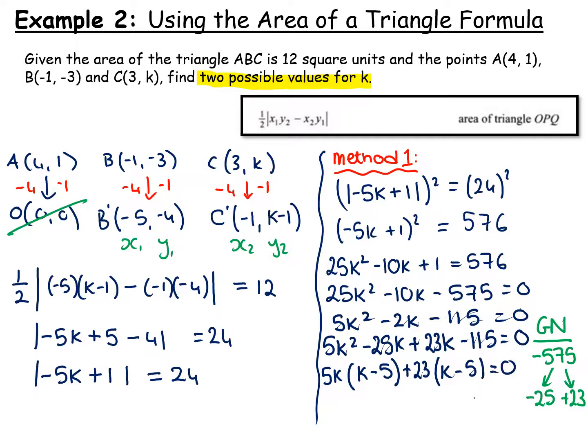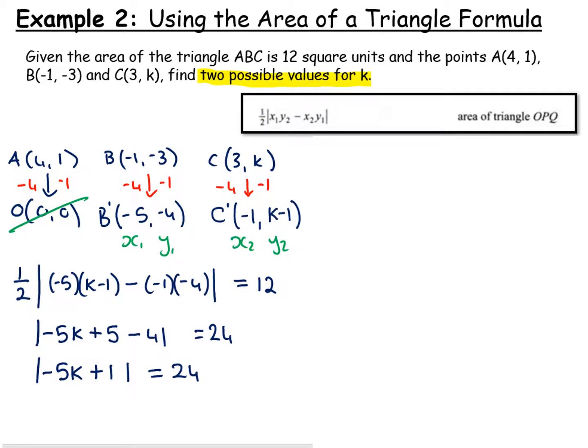If you hate working with this, you can go straight to the quadratic formula, no problem at all. Plus 23, k minus 5 equals 0, so k equals minus 23 over 5, and k equals 5. So there are two values for k.